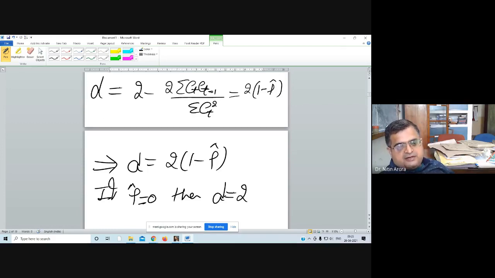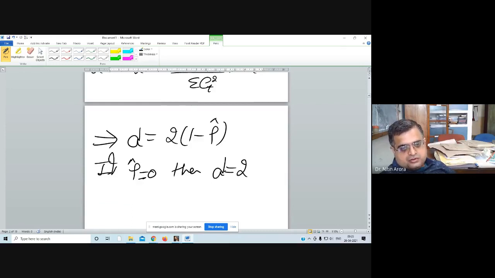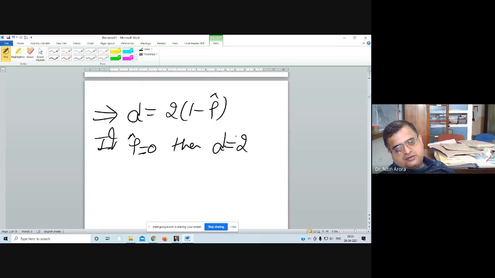So Durbin-Watson near 2 represents no autocorrelation. As Durbin-Watson falls, it means autocorrelation rises, right? If autocorrelation is perfect, if rho cap is equal to unity, then what would be D? Zero.